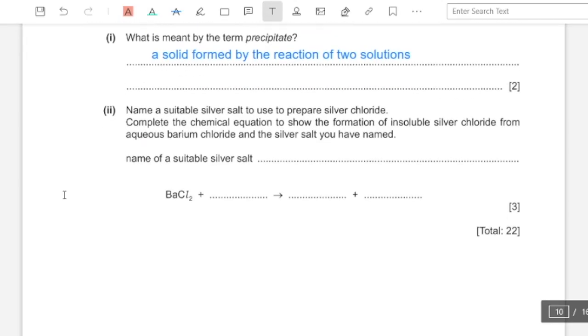Okay. 2. Name a suitable silver salt to prepare silver chloride. Complete the chemical equation to show the formation of insoluble silver chloride from aqueous barium chloride and the silver salt you have named. Okay, so I'm going to be using silver nitrate.